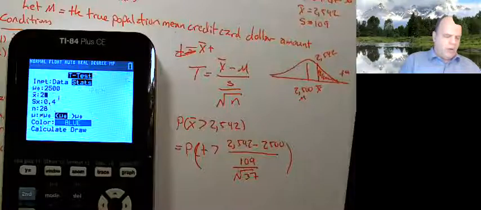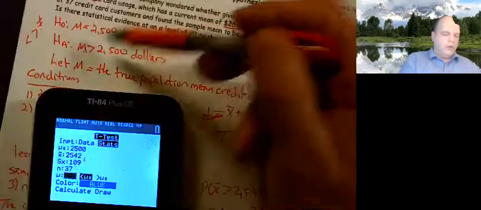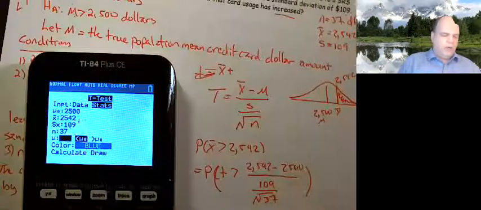X bar is 2542. Standard deviation of the sample is 109. Sample size was 37. Now we have a greater than symbol and we're shading up, so we know we need the greater than. So let's make sure we highlight the correct one.